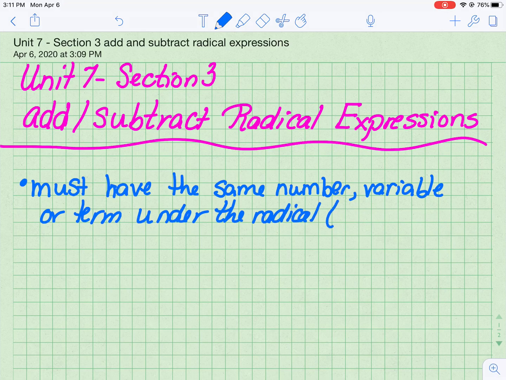This is like adding or subtracting like terms. And I'm going to show you the difference in the first two examples, what I mean here.